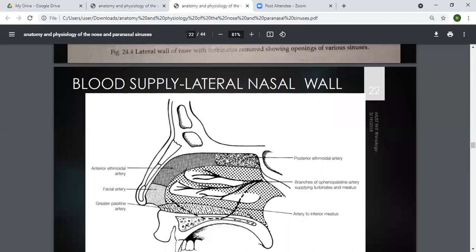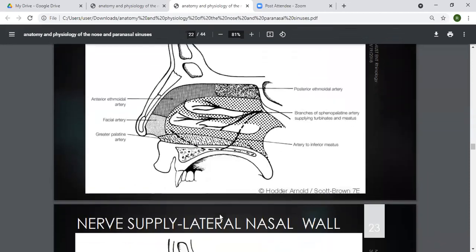So these same arteries, you can see the posterior superior aspect of the lateral wall is supplied by the posterior ethmoidal artery, while the anterior superior portion is supplied by the anterior ethmoidal artery. So we have the vestibule being supplied by the facial artery, and the inferior portion is supplied by the greater palatine. The greater palatine is also a branch of the maxillary artery.